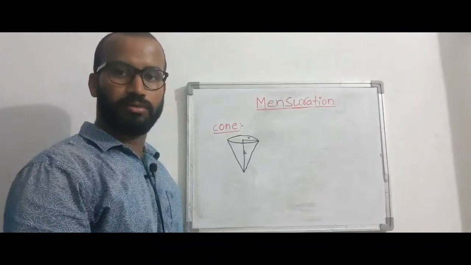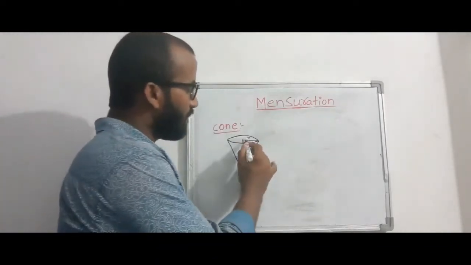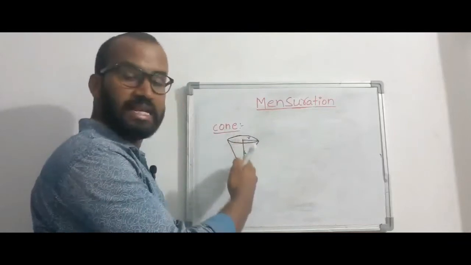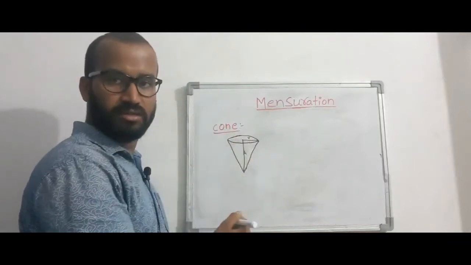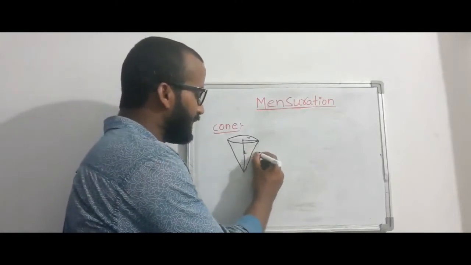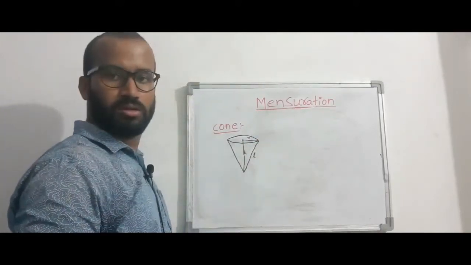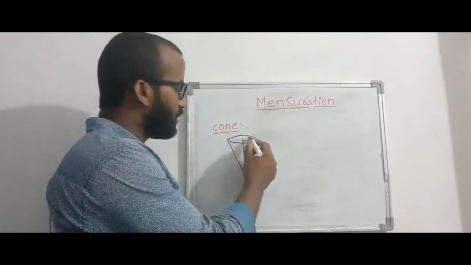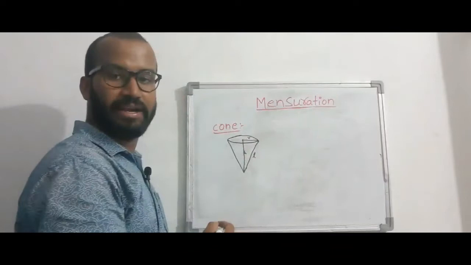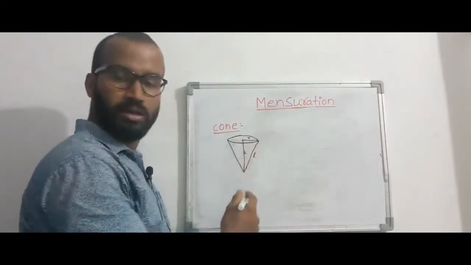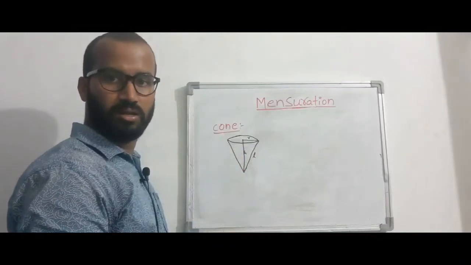Our next 3D shape is the cone, a right circular cone. This cone has radius r, the height of the cone is h, and this will be the slanting height L. If they give the radius and height, you can find the slanting height, because it makes a right angle here. This is a right angle triangle.